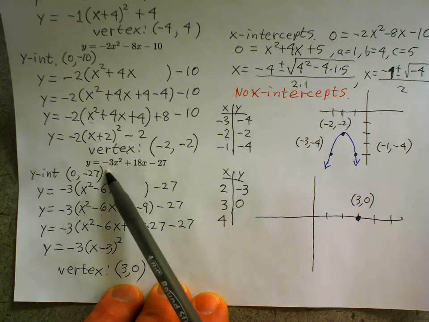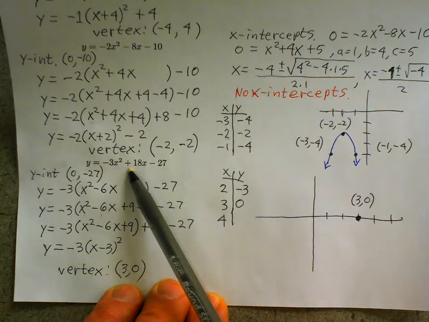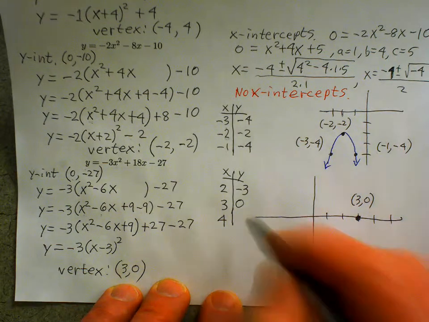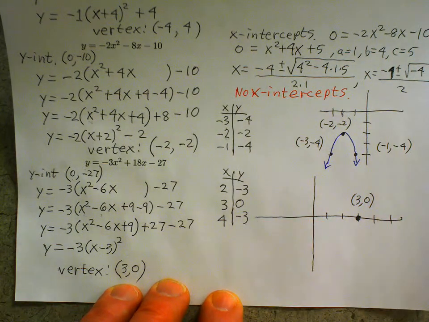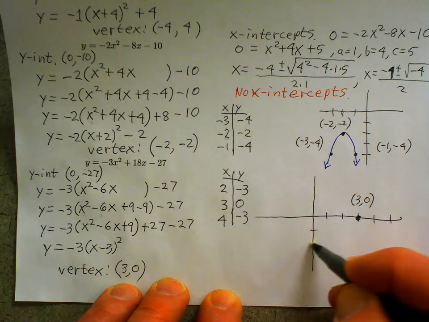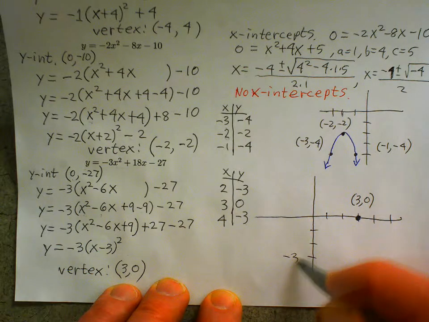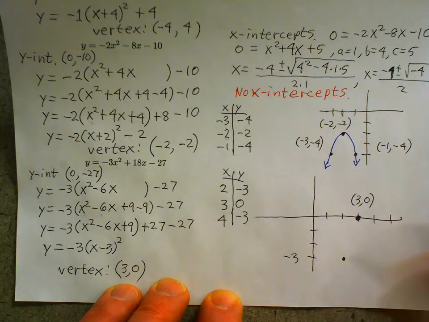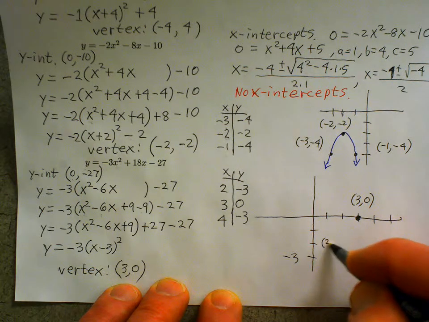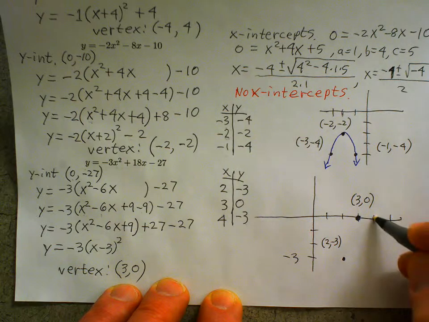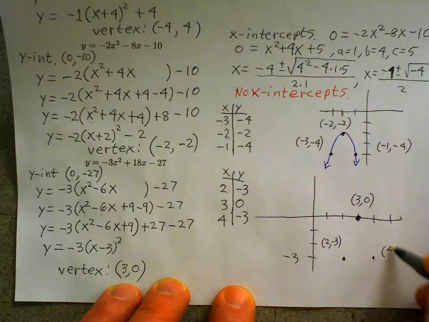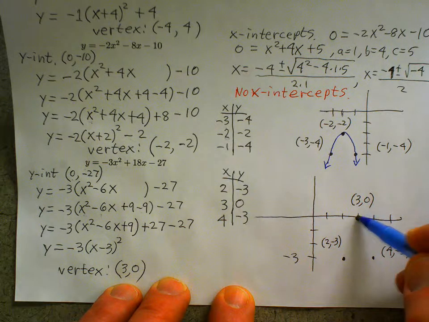So negative 48 plus 72 is 24, and 24 minus 27 is negative 3. So just as we suspected, when x is 2, the y-coordinate is negative 3. When x is 4, the y-coordinate is negative 3. And the parabola opens down.